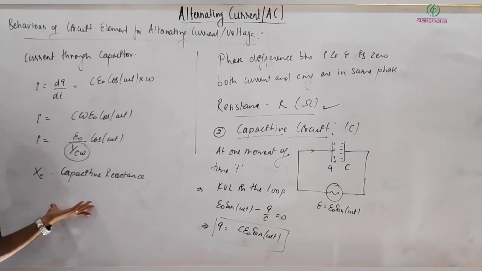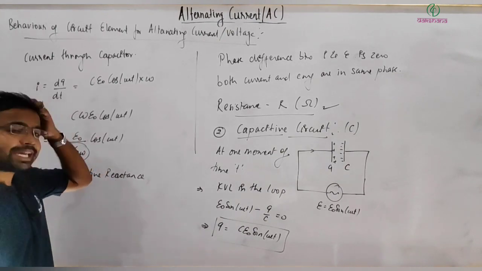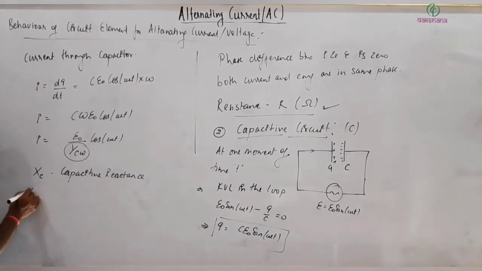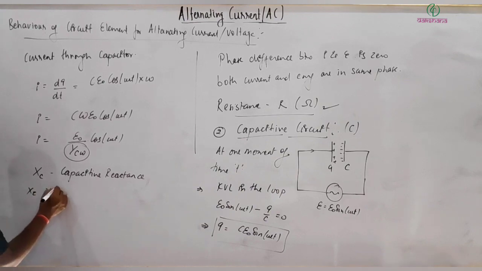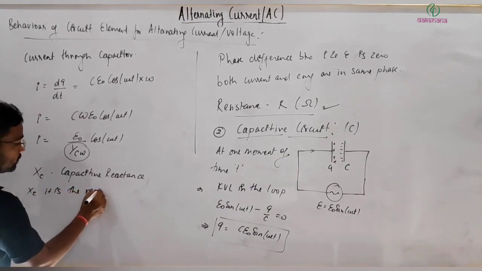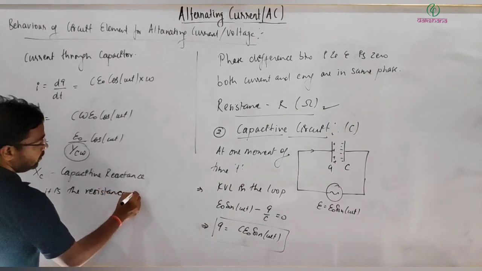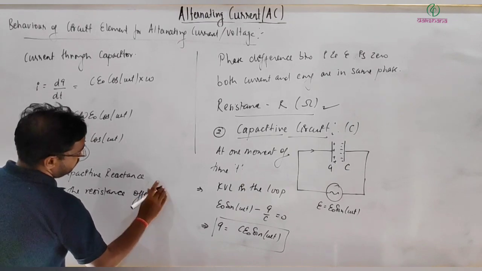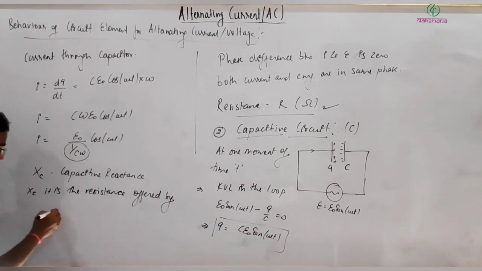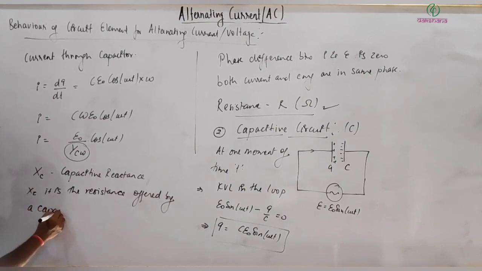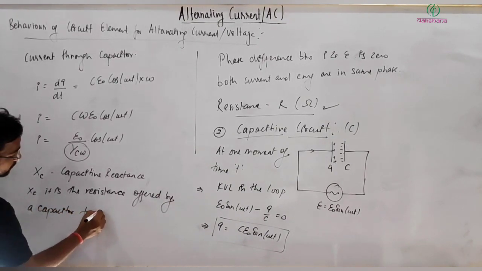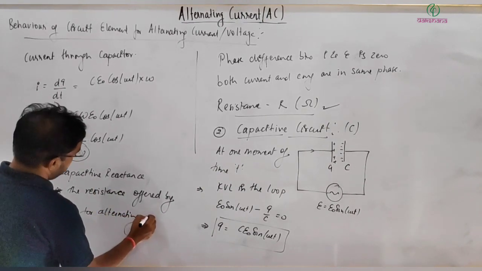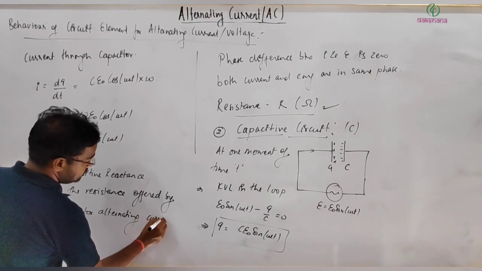So you can see this is the resistance offered by a capacitor to an alternating current or EMF source. So XC is the resistance offered by a capacitor for alternating current.